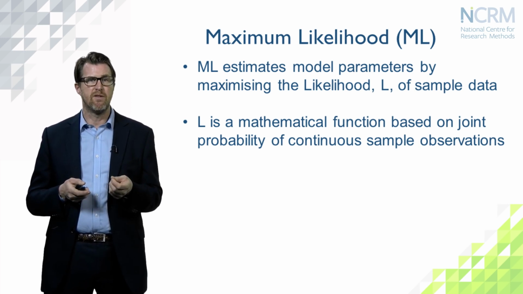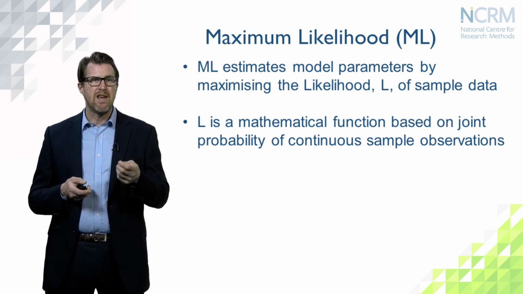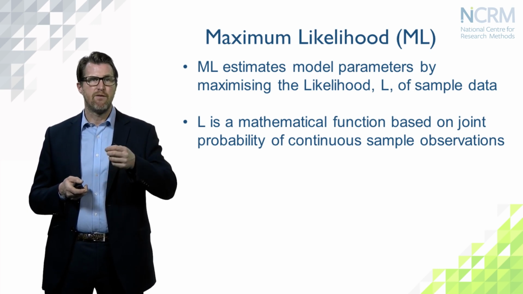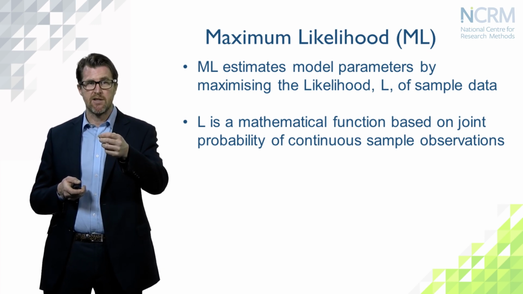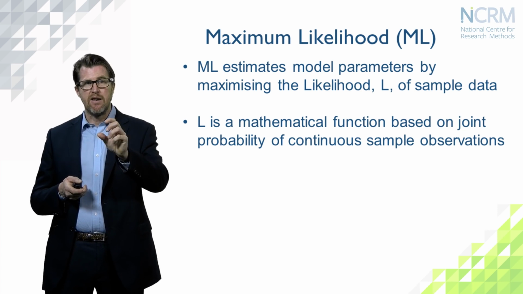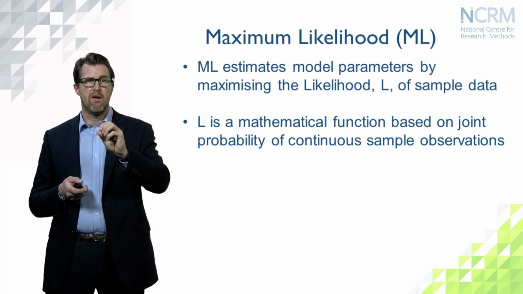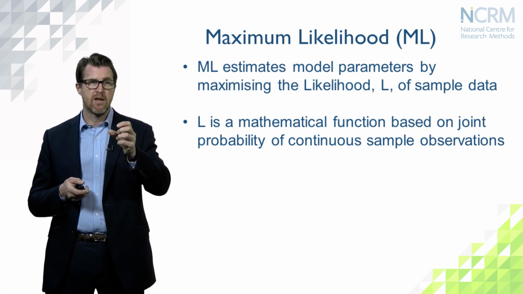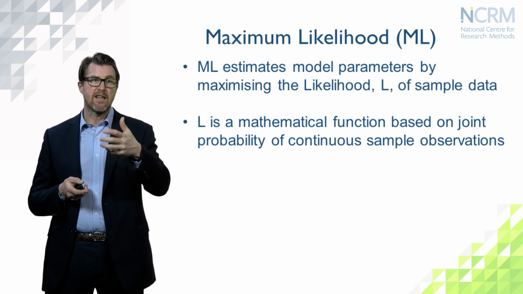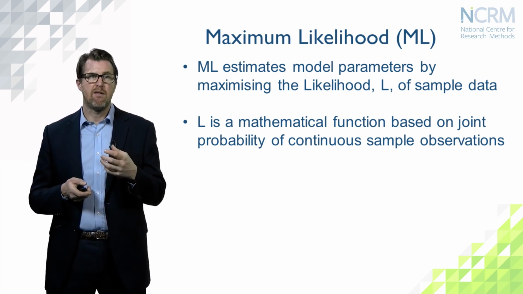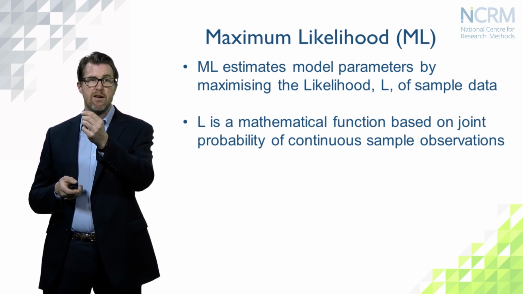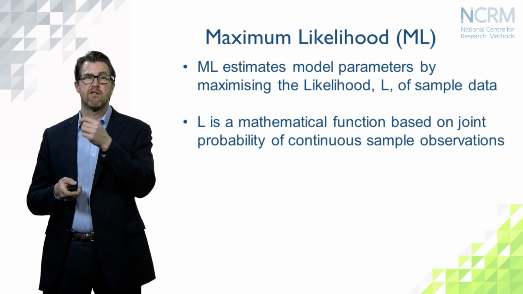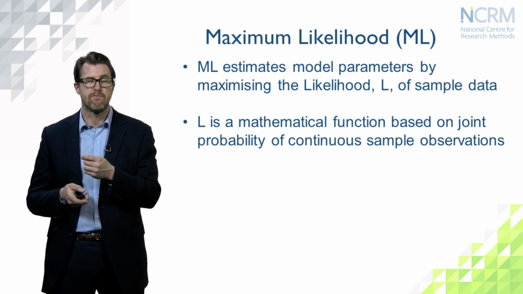Now, the likelihood L is a mathematical function which is based on the joint probability of continuous sample observations. So, in essence, maximum likelihood finds the maximum value of L for a particular sample of data, by iterating through different values for the unknown parameters until it finds the maximum. Once that maximum has been found, we have produced the maximum likelihood estimates for the unknown parameters.